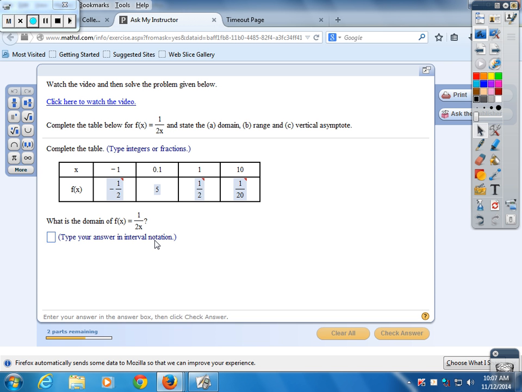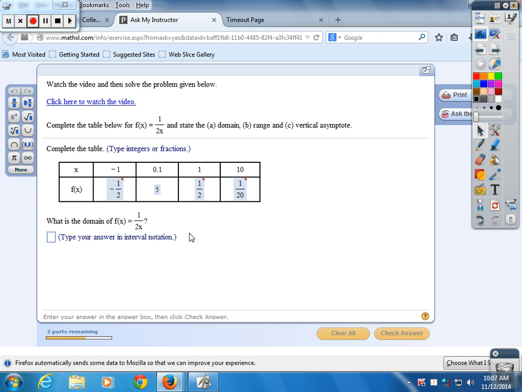All right, what is the domain of 1 over 2x? Well, that's a trick question because the domain of 1 over 2x is all real numbers. But in this problem, what does the universe consist of? -1, 0, 0.1, 1, and 10. So that's your domain. That's what I would put, but I'm not sure if that's what they're wanting or not.